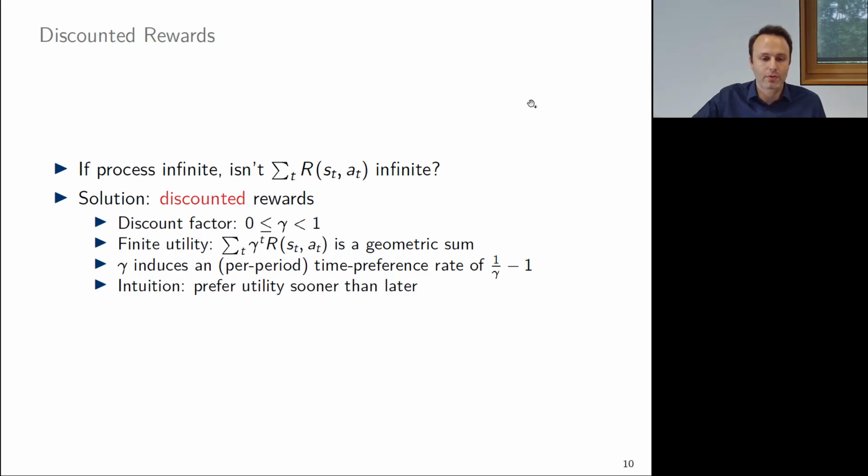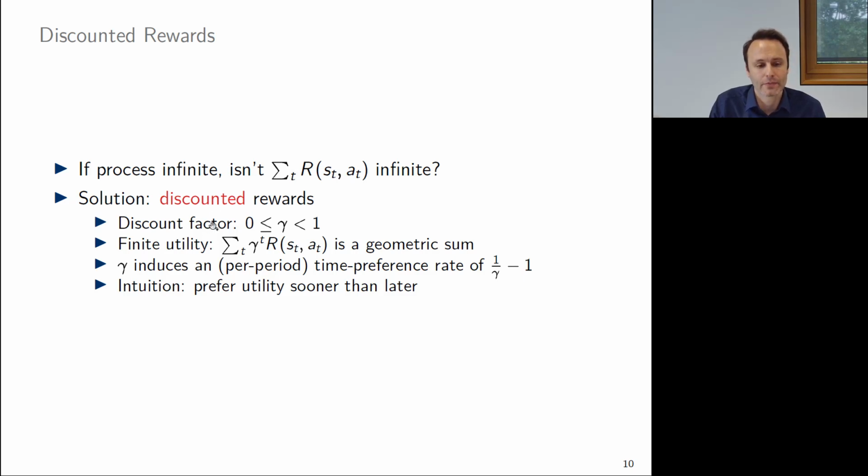So if you think about profits 10,000 years ahead versus today, the same profit, well, you would probably attach a lower weight to the profit in 10,000 years than the same profit today. And that's the idea of the discount factor, which is a number between 0 and 1. And this actually weights the future rewards with a geometric sum.